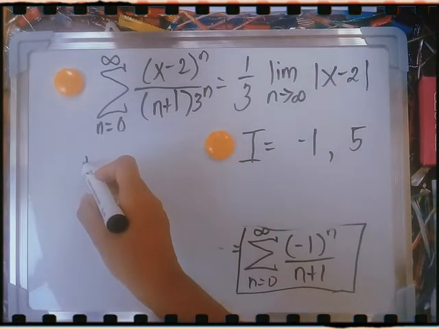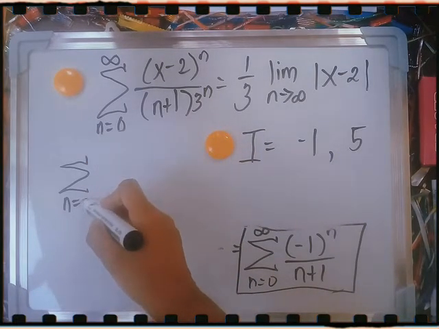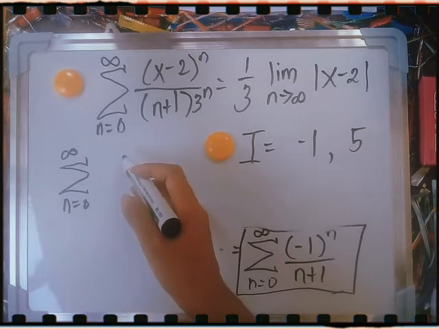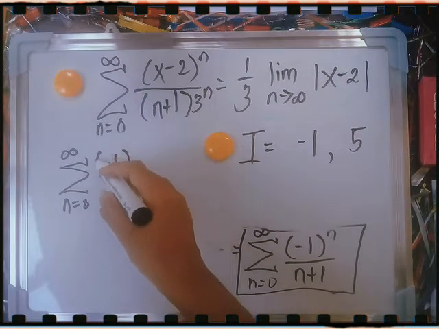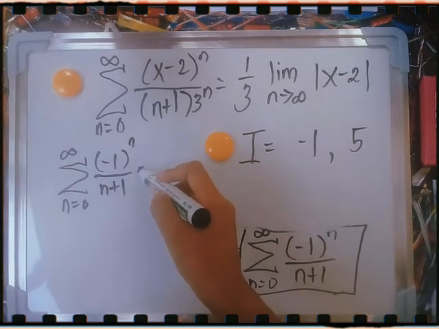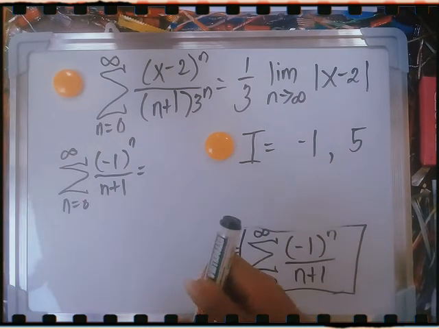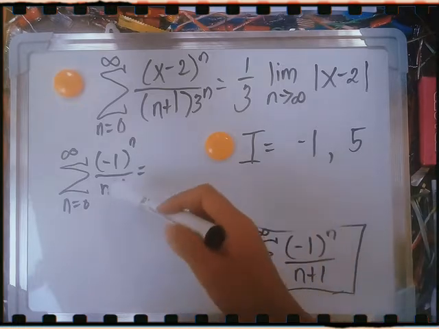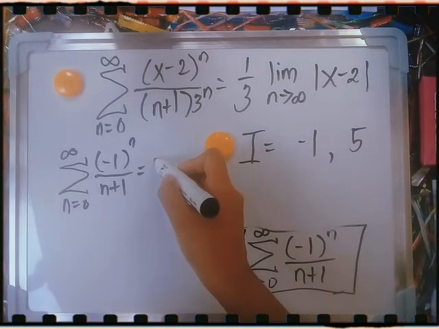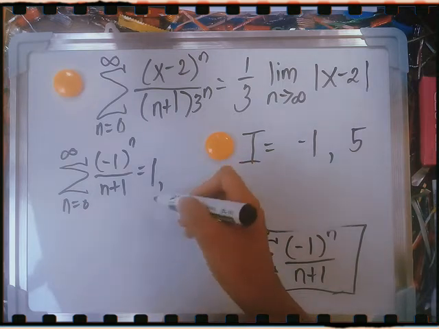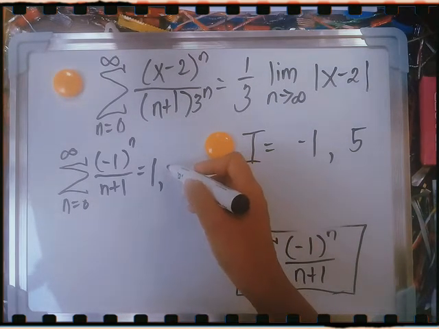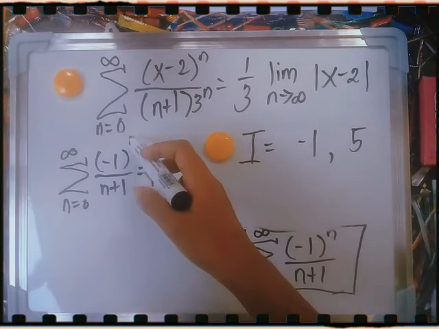So we have here n is equal to 0 to infinity of negative 1 raised to n over n plus 1 is equal to, so if we plug 0, we got here 1 over 1. So it will become 1. And then the next value will be, we have 1 here.